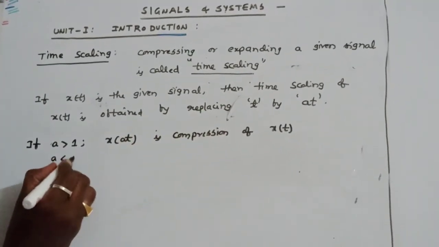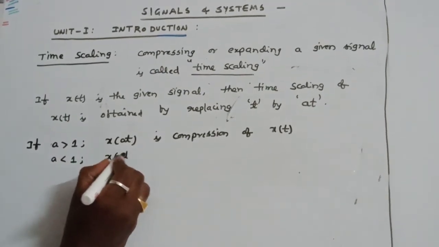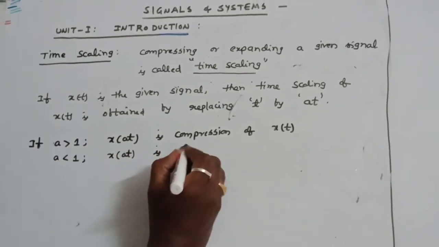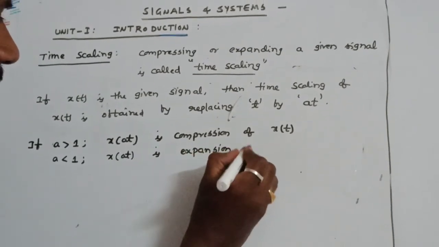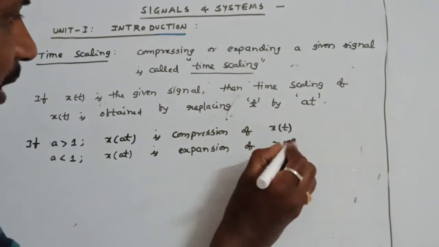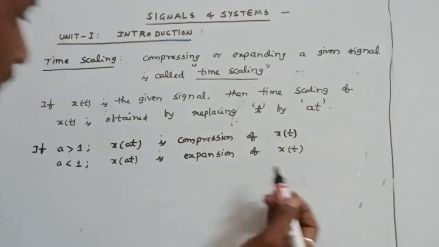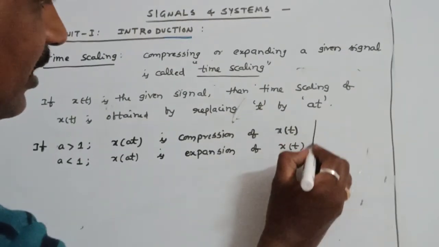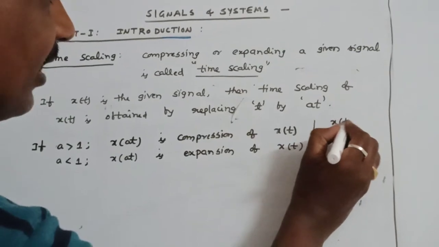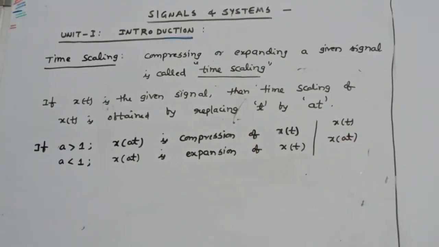If a is less than 1, then x of at is expansion of x of t on time scale. Simply, if x of t is the given signal, x of at is the time scaling of the given signal x of t.